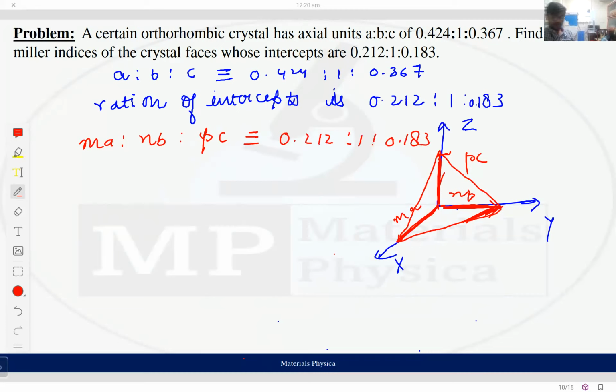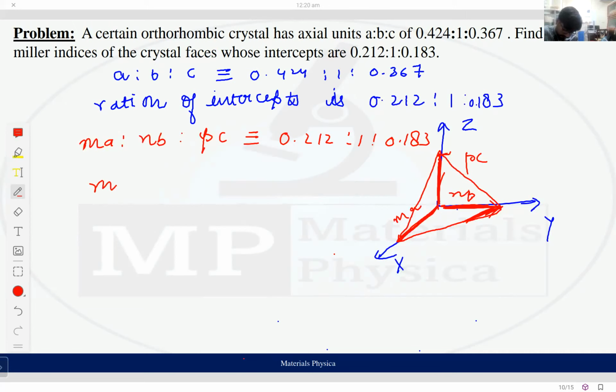But when we calculate the Miller indices of any plane, we want the ratio of the intercepts in terms of multiples of the lattice parameter. So we want M to N to P. A to B to C is given as 0.424 to 1 to 0.367.